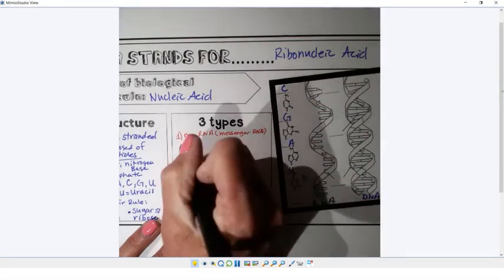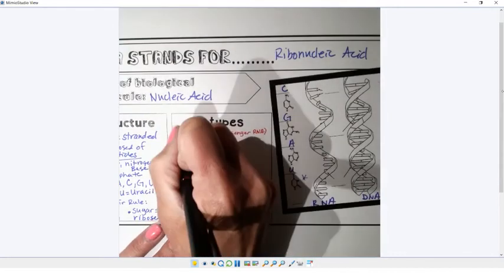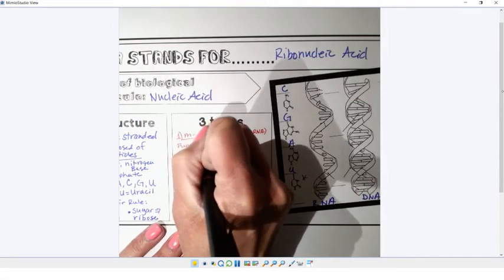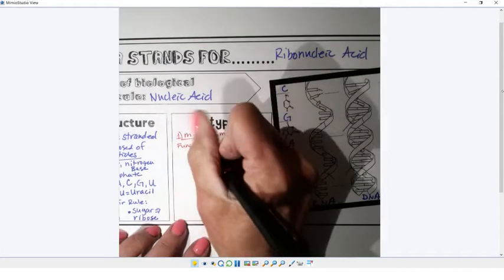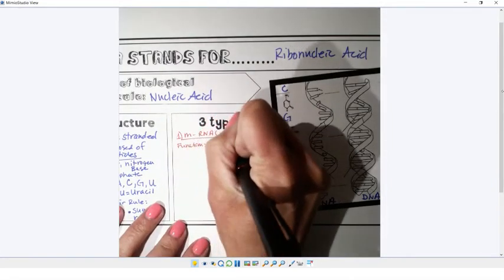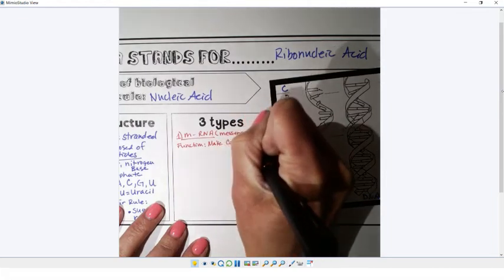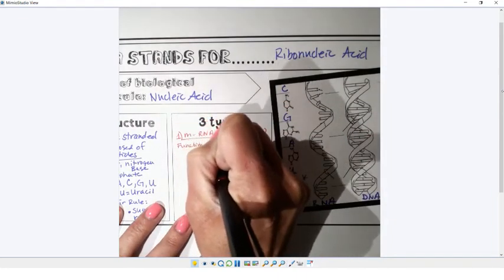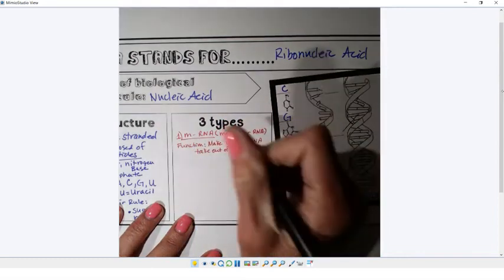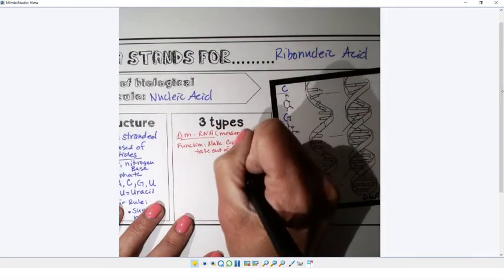So mRNA stands for messenger RNA. His function is to make a copy of DNA and take the information out of the cell. Okay? So make copy of DNA and then take out of nucleus. I said cell. Take out of nucleus.